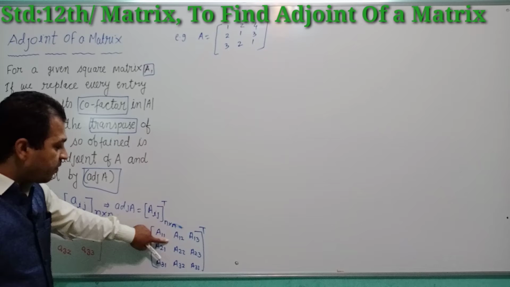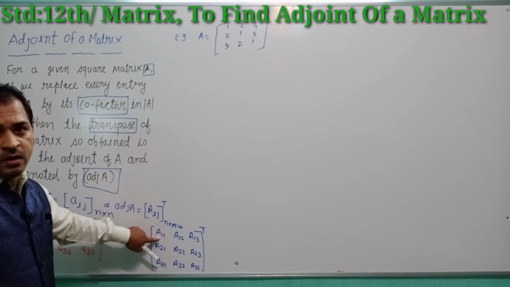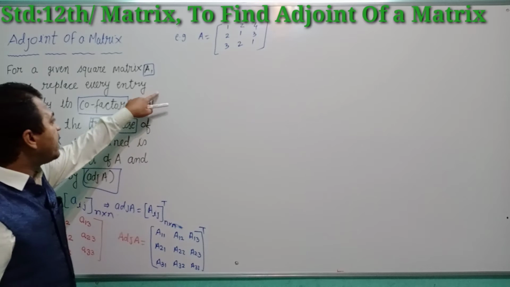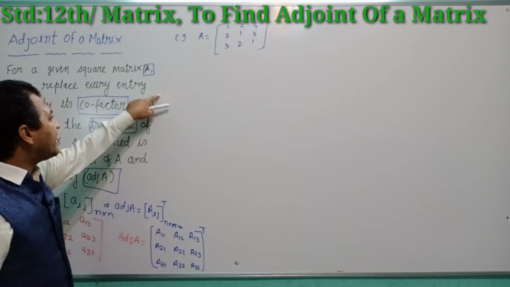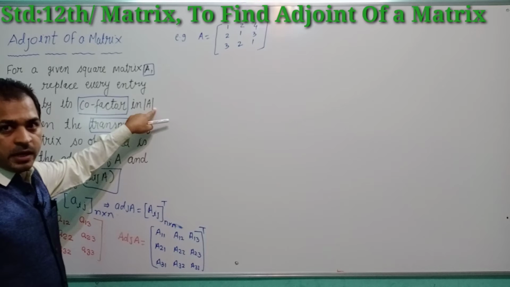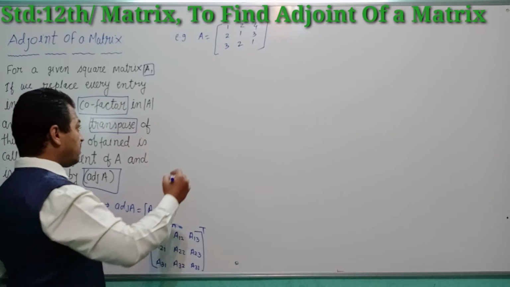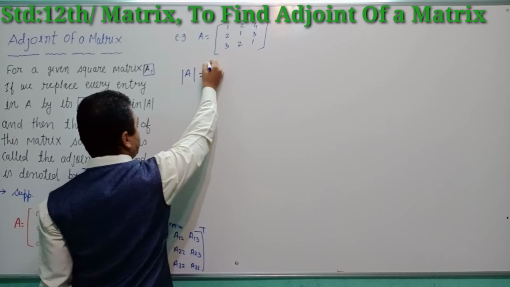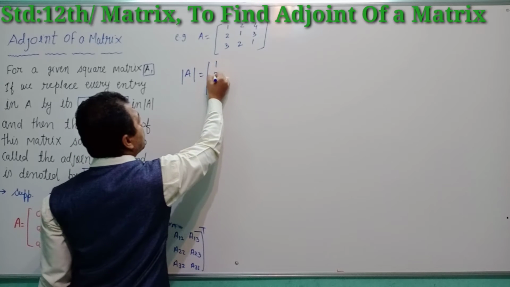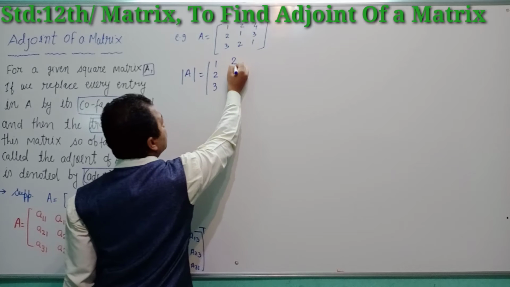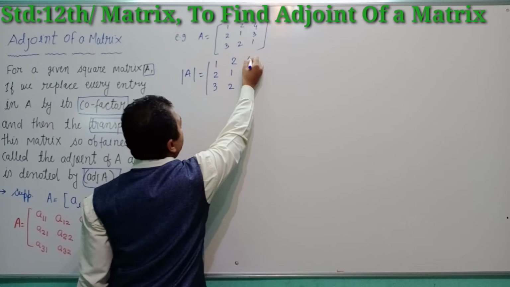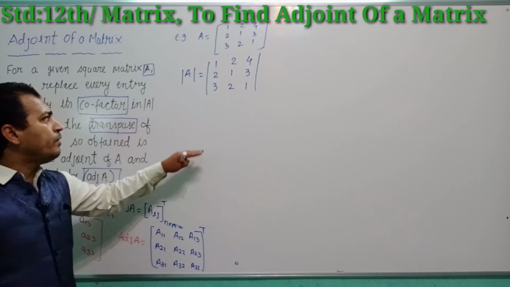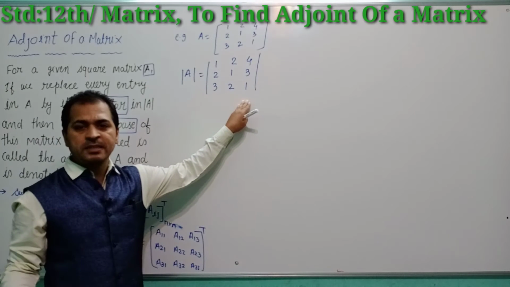Your target is to find A11 first. For that you will have to convert this matrix into a determinant. So determinant A is 1 2 3 / 2 1 2 / 4 3 1. Now you will have to expand these things.